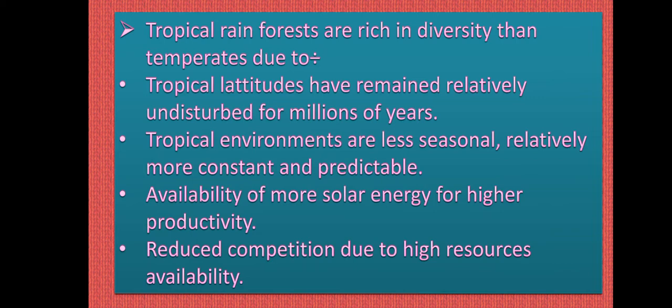Number three, availability of more solar energy for higher productivity enhances the richness in biodiversity. And number four, reduced competition due to high resource availability in tropical regions, and that's why it provides maximum support for species richness.